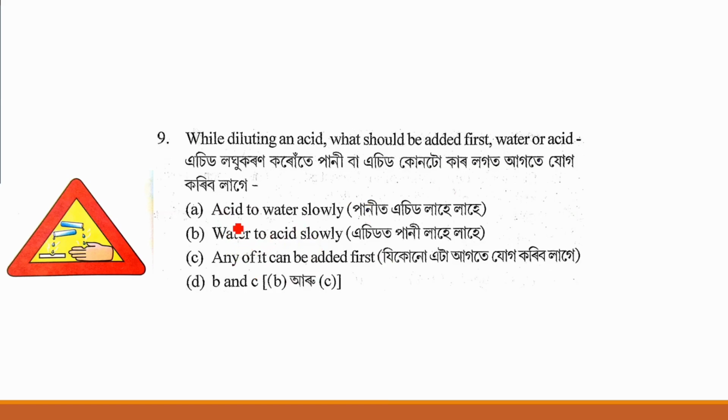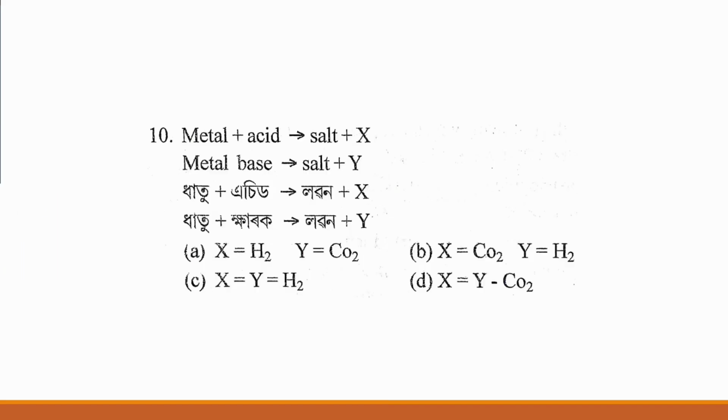We should add acid to water slowly, and stirring is the best way of diluting an acid. It is a highly exothermic process, and students should be very cautious while handling this type of reaction in the laboratory. So while diluting an acid, acid should be added to water slowly. We'll proceed to the next question.